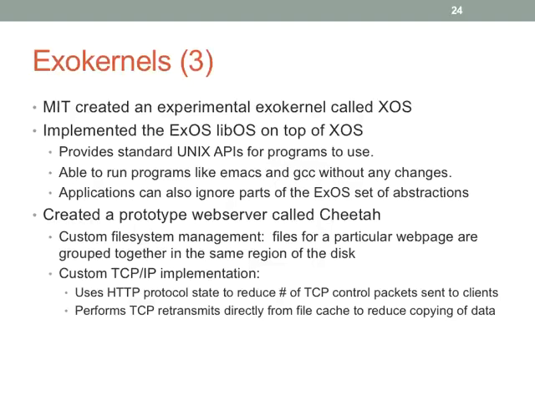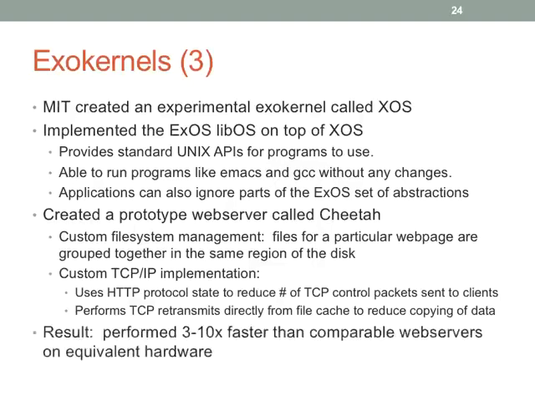Why not collapse those buffers? So now TCP retransmits come directly out of the file system cache. That's fast. So they were able to get, again, nearly an order of magnitude improvement over comparable web servers at the time because they were getting so much of the overhead out of the way, which is pretty clever. Okay. Any questions? So that's the idea behind exokernels.